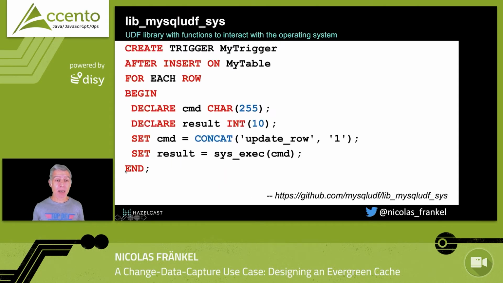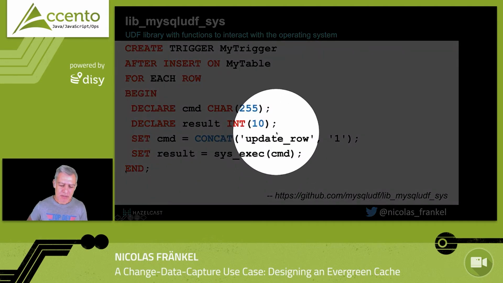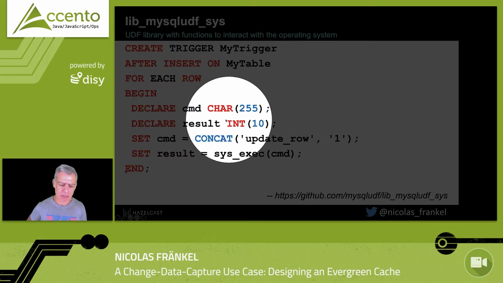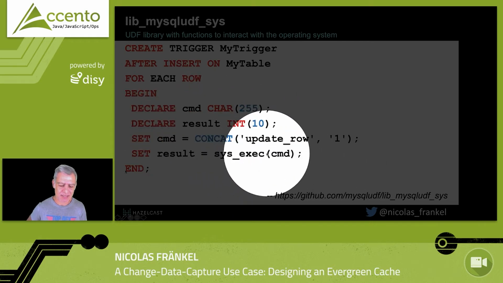And actually, there is already an existing library that does it for you. There is a person who created a generic library to do that. So you only need to come up with the command that you want here. It's a concat something, but you don't care about what it does. And then you have this sys_exec library.